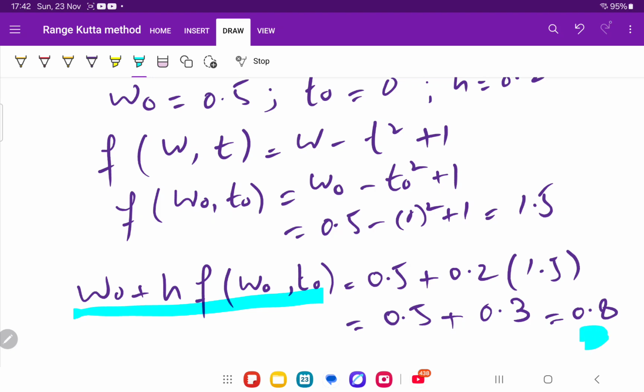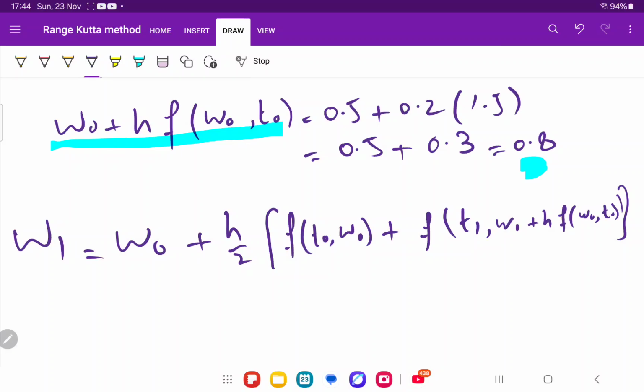That is the formula for the first iteration, obtained by putting the value of i into the formula.